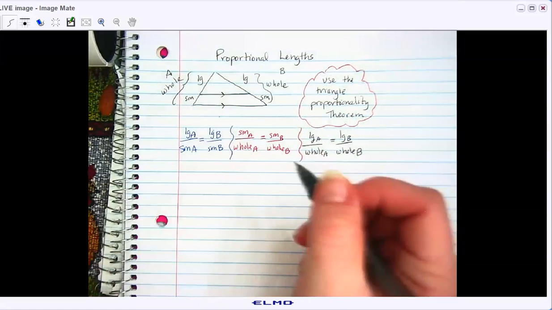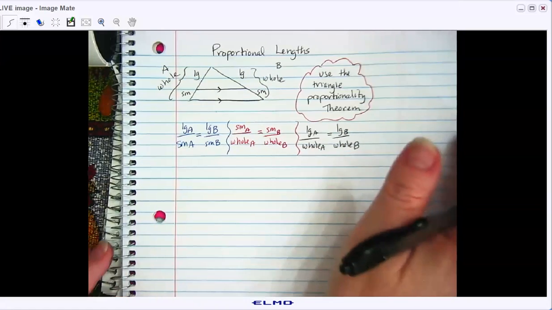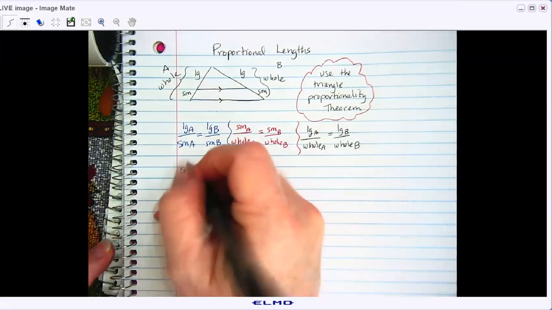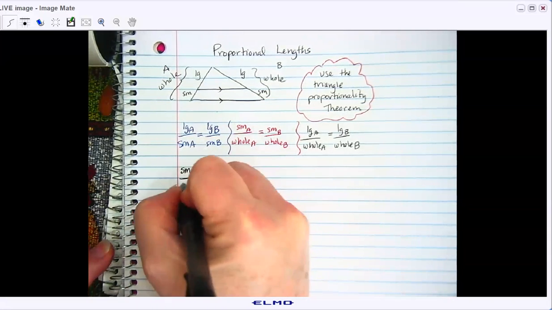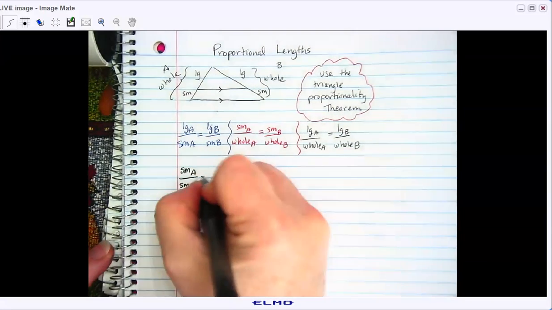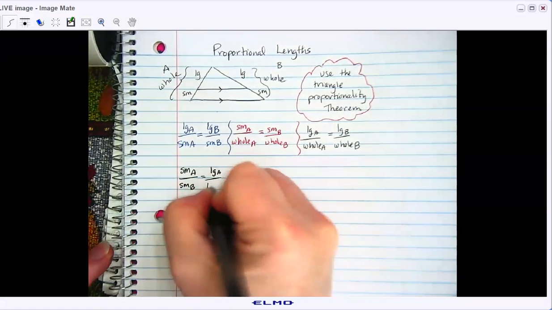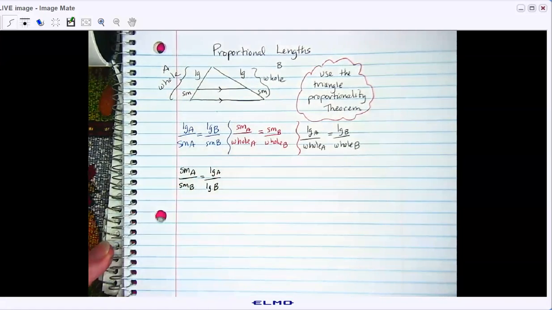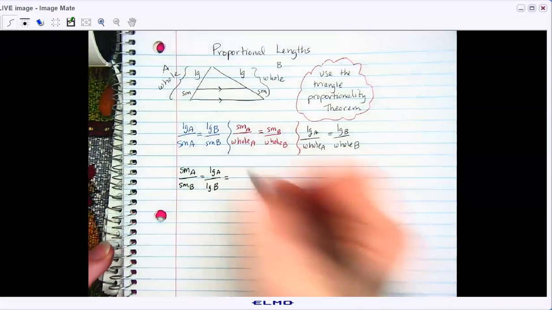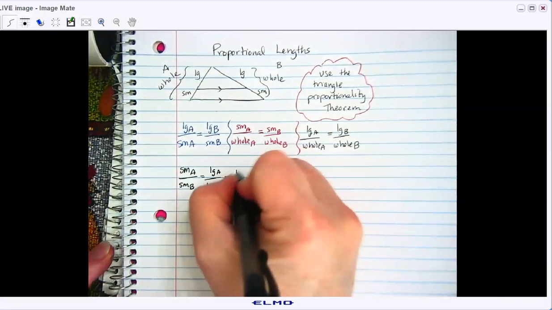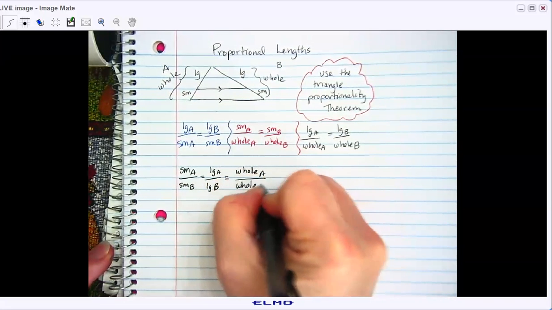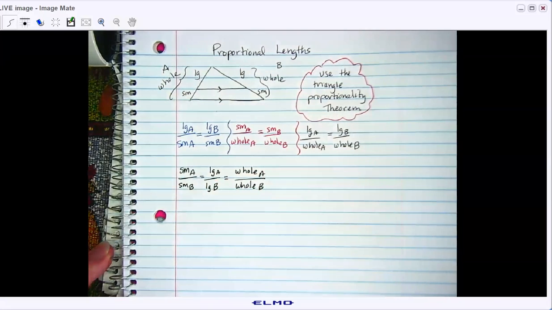The other thing I can do is, and we probably won't do this much. There are reasons to do it, but probably not right now. Okay, we can go the small part of A over the small part of B is equal to the large part of A over the large part of B, which could equal, so all these could be equal, the whole part of A over the whole part of B. So notice the consistency.